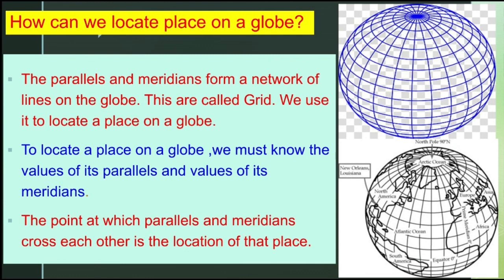To locate a place on a globe, we must know the values of its parallel and its meridian. The point at which the parallel and meridian cross each other is the location of that place. Now here, I can tell you the examples are also given.